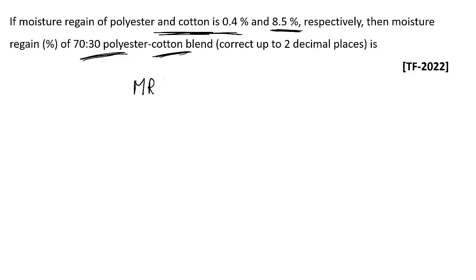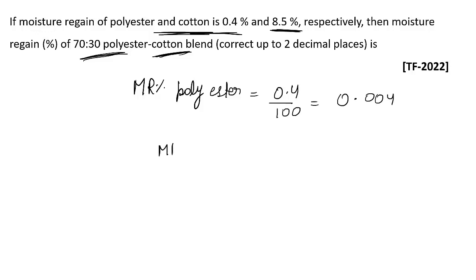Moisture regain for polyester is given as 0.4%. In place of percent we can divide it by 100, so it comes out to be 0.004. And moisture regain for cotton is 8.5%, so it is 0.085.